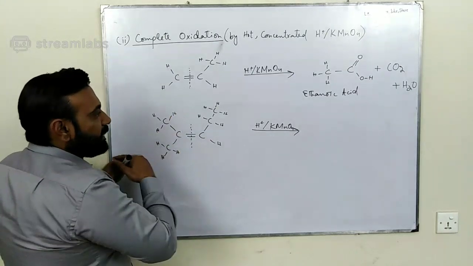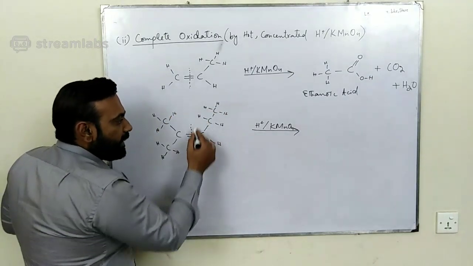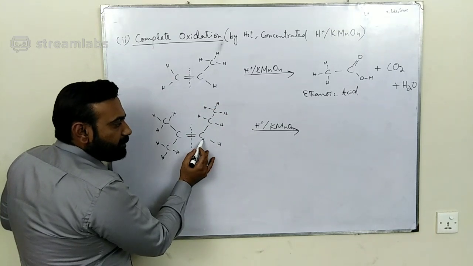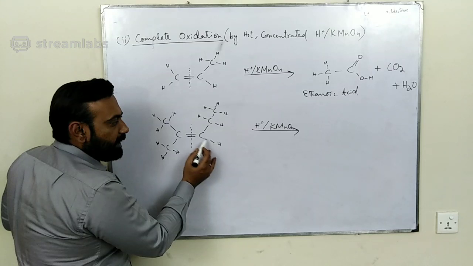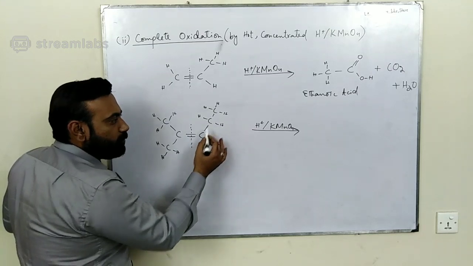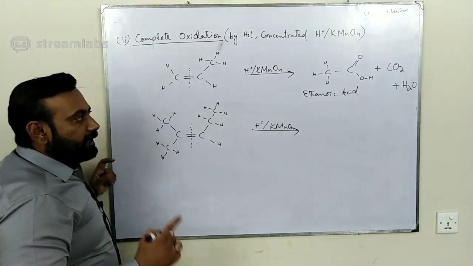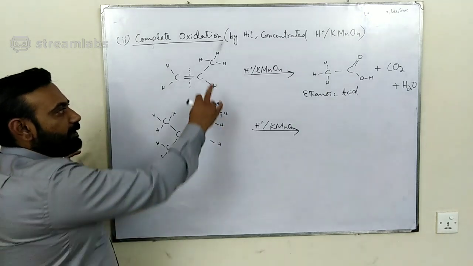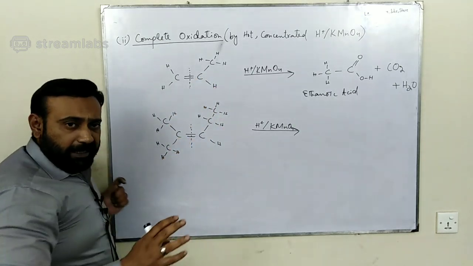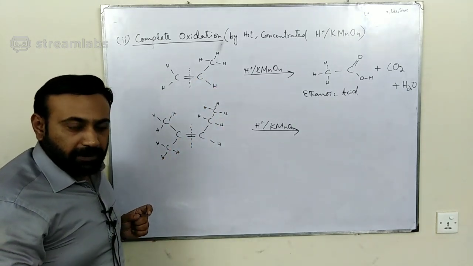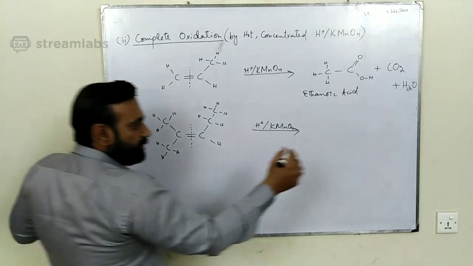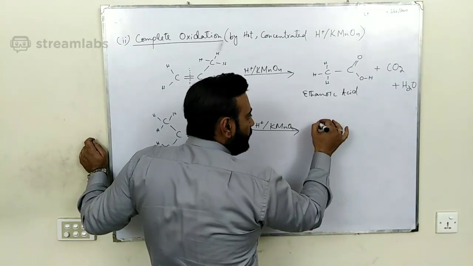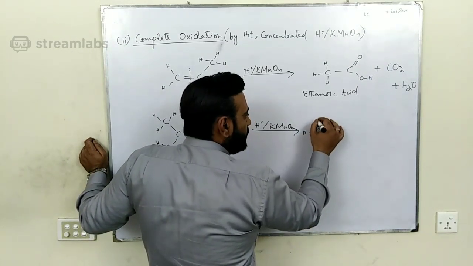Now if you look at this side, the carbon atom involved in the double bond is bonded to hydrogen atom from one side, and to the other side it is bonded to another carbon atom. That scenario is similar to this one. So again a carboxylic acid would be formed. But in this case there are three carbon atoms in this chain, which would lead to the production of propanoic acid.